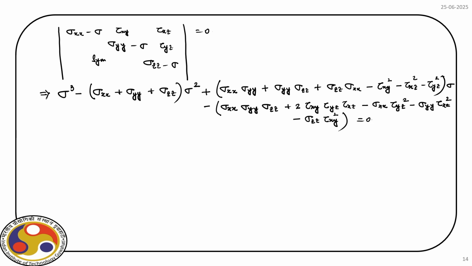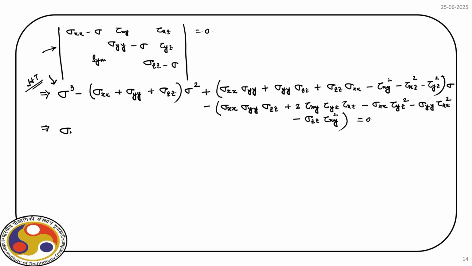So, this is a cubic equation, you can see, and I leave it as a home task. Try this at your end. You have to expand this determinant of the matrix, and then you will get this expression. Now, we can write this expression in a compact form.